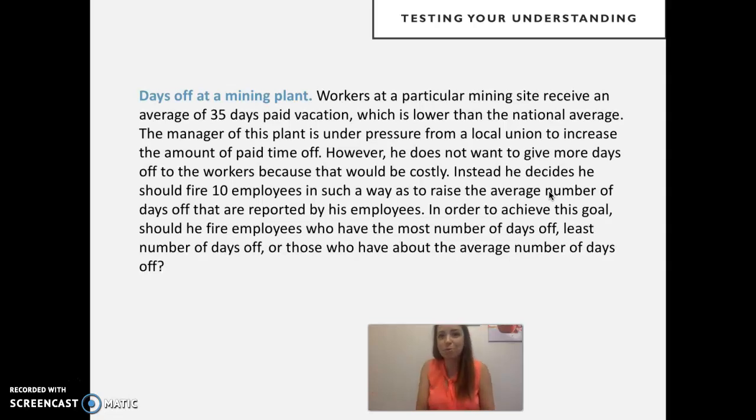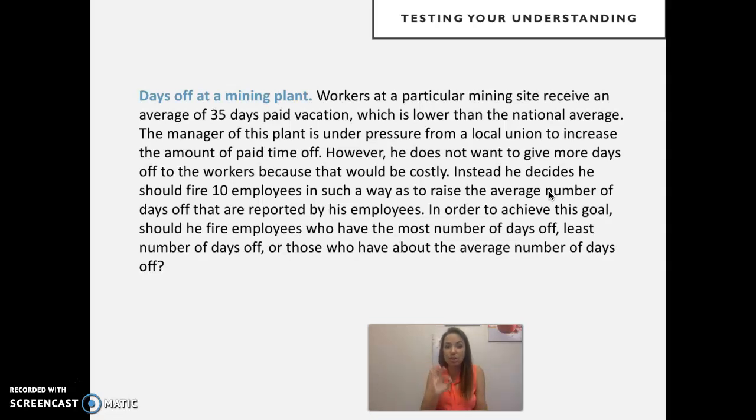Now, is this a smart move? Well, he's trying to be sneaky, but he ends up with employees in the end that have a lot more days off. He has a biased, skewed distribution in a way that can impact his productivity in a way that he might not be expecting. Anyways, I digress.